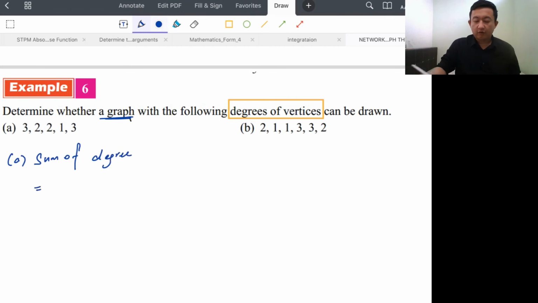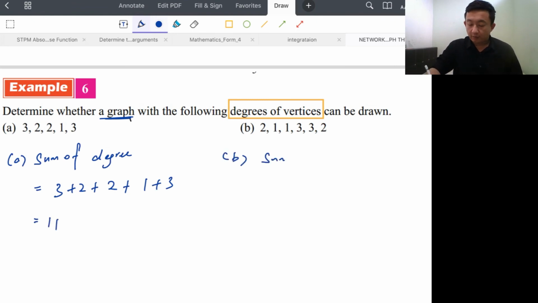You can find the sum of degree. What is the sum of degree for A? You have 3 plus 2 plus 2 plus 1 plus 3. What do you have? You have 11, right? And for B, the sum of degree. I will tell you why we find the sum of degree later on.